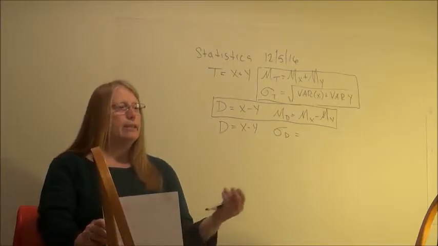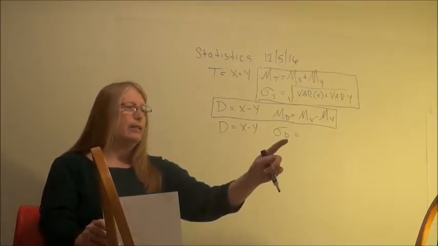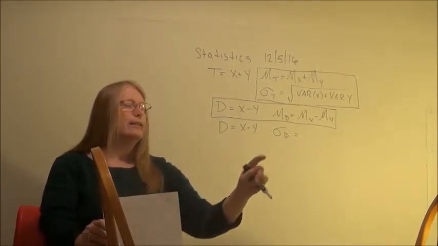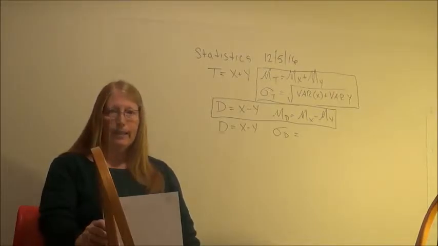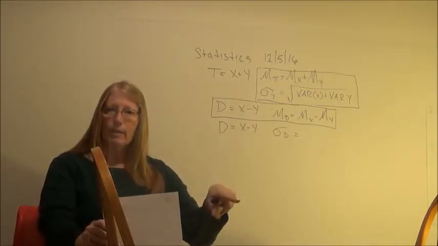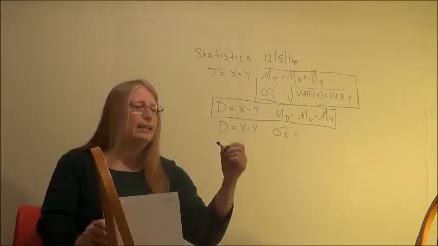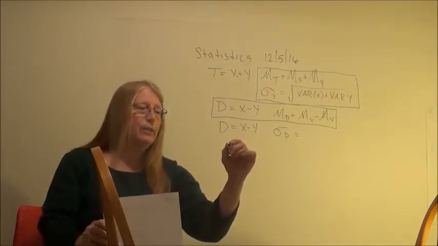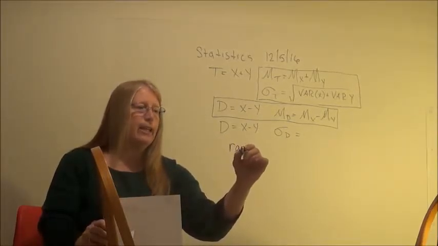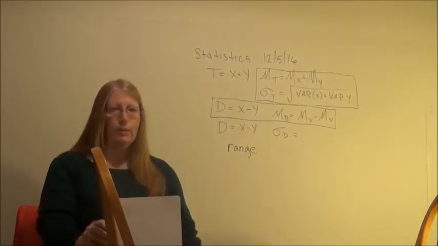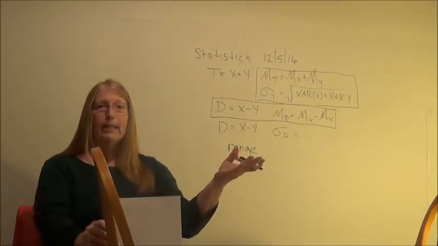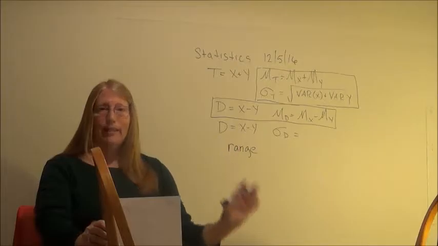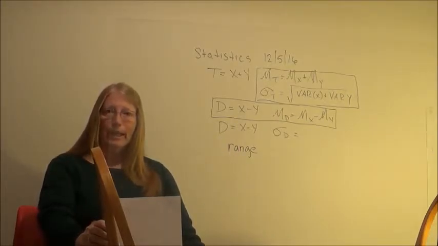Standard deviation is a measure of spread. So let's go back and look at the spread of a simpler concept. Range is also a measure of spread. The way range acts is the way standard deviation acts, and that's just the way it is.